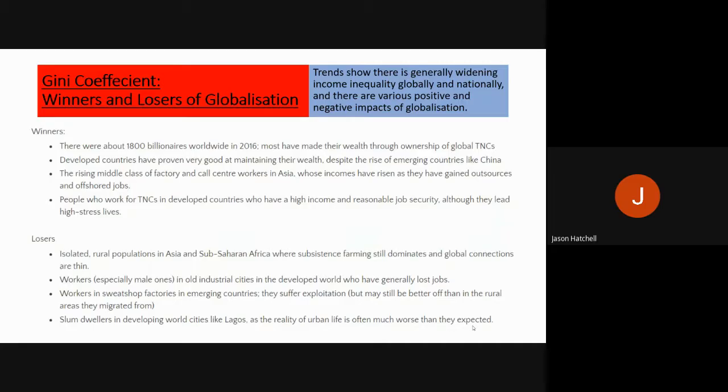Workers in sweatshops and slum dwellers, due to rural to urban migration being on a mass scale, have also lost out to globalization. And this is all reflected, therefore, in the Gini coefficient we just spoke about. And this is part of some of the major problems with equality in our societies.